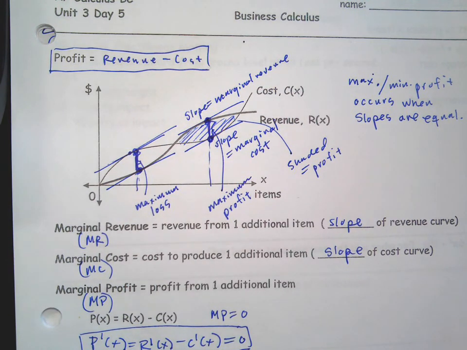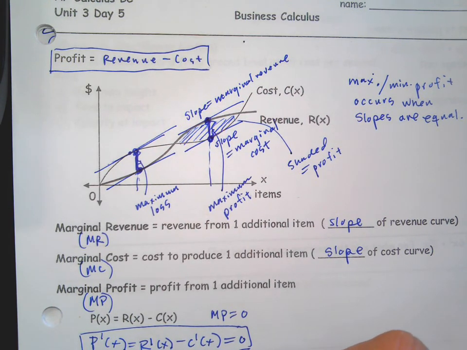I guess you could also consider the endpoints. Now, the max and the min profit are going to happen when this is equal to 0. So if we solve this, it's going to be where the marginal revenue equals the marginal cost. Marginal revenue equals marginal cost.